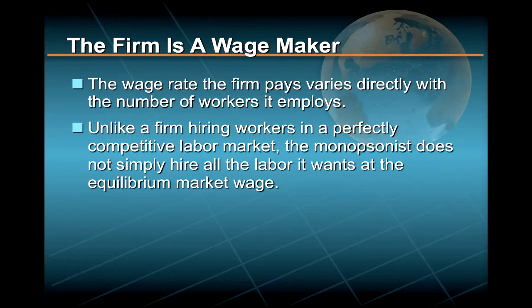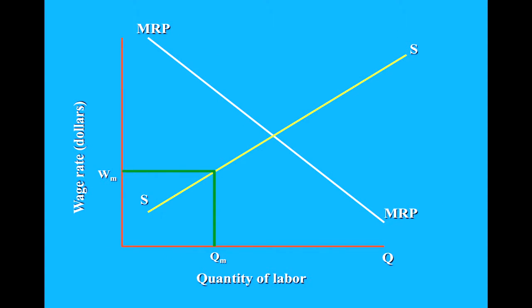And unlike a firm hiring workers in a perfectly competitive market, the monopsonist does not simply hire all the labor it wants at the equilibrium market wage. Instead, the monopsonist faces an upward sloping market supply curve, such as is depicted in this figure.